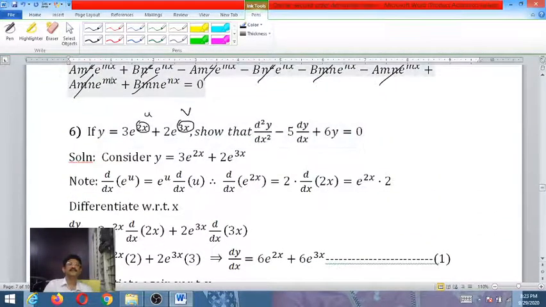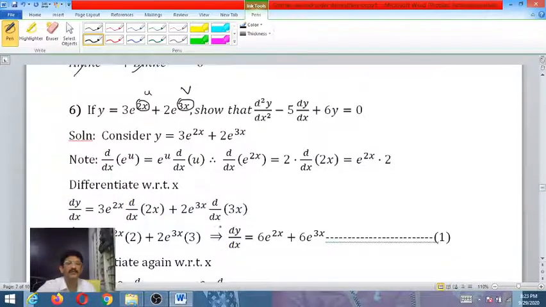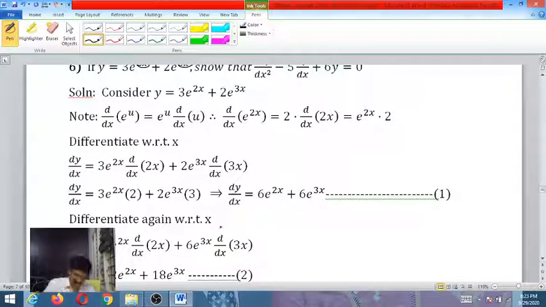So consider this is u and this is v. Simplify this one. It's a very simple one. Very similar to the last problem, right? Okay. So first find dy by dx. Look at here. We all know that dy by dx is this one.